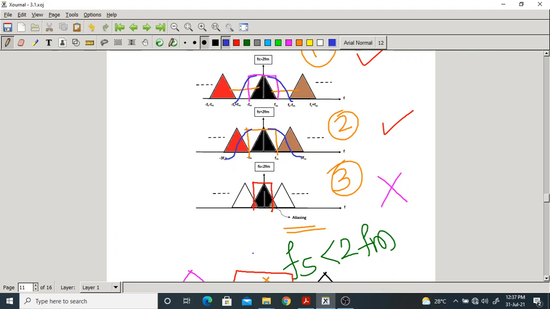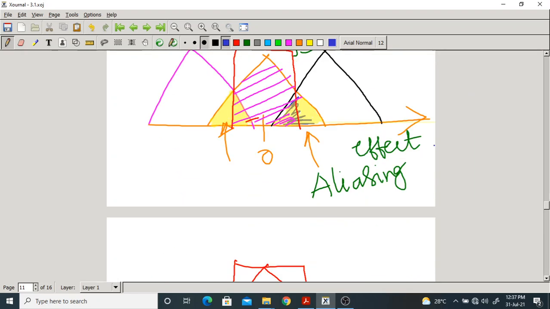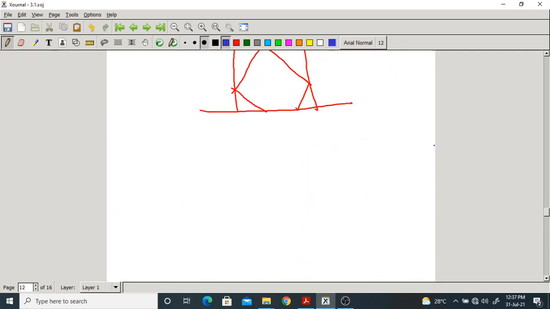In case 3, it is not the problem with the low pass filter, it is a problem with the overlapping. So case 3 impossible, case 2 possible with the ideal low pass filter, case 1 possible with a practical low pass filter also.